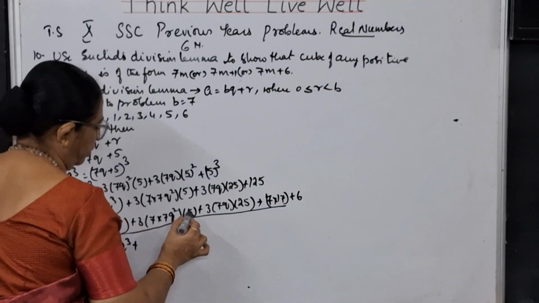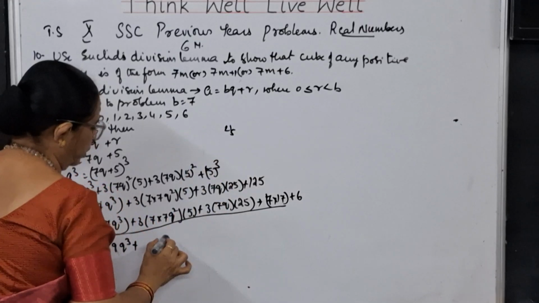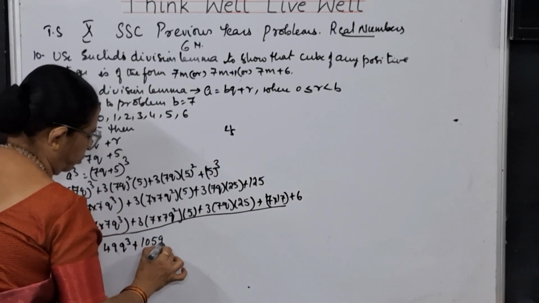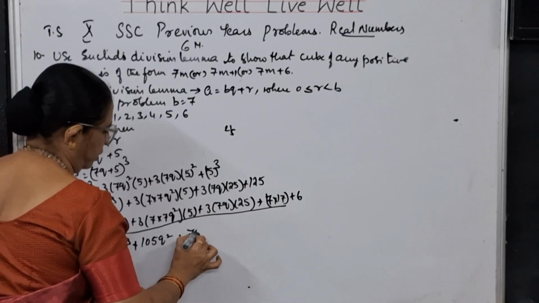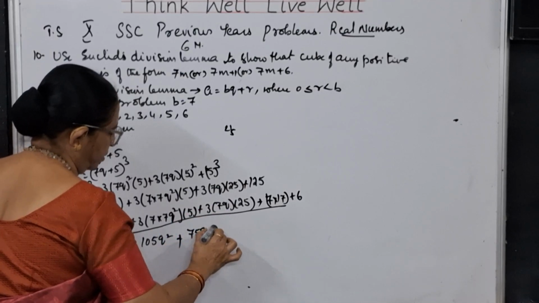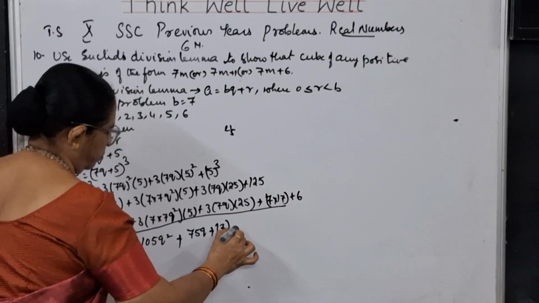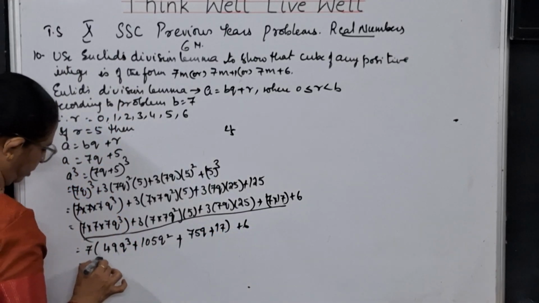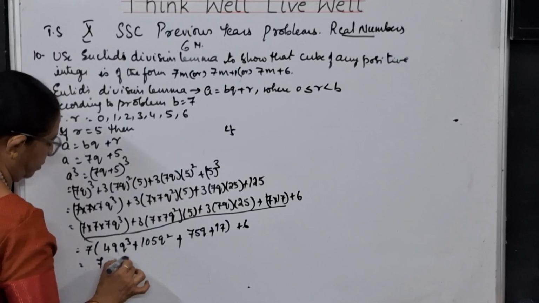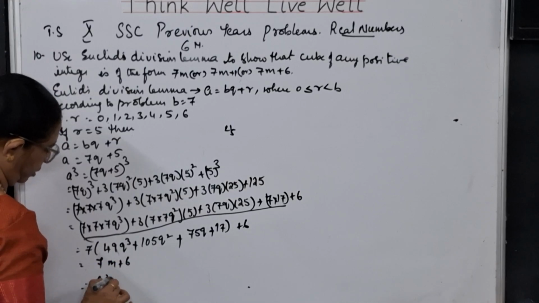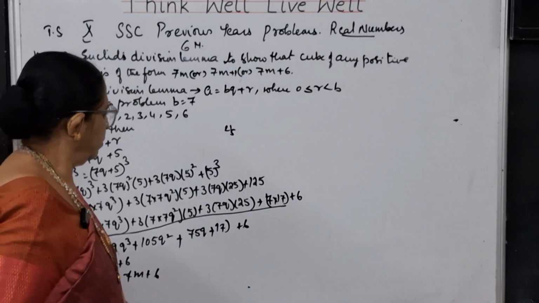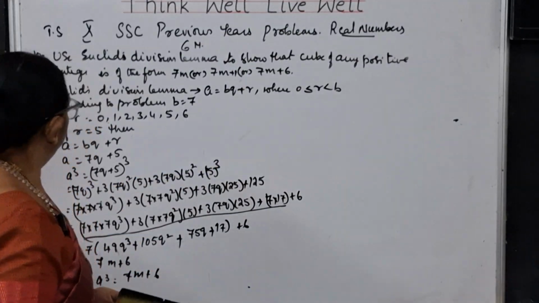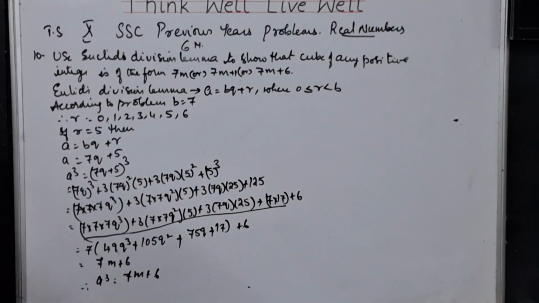So 21 into 5, 105q square plus 7 is out. 75q plus 17 plus 6. This is nothing but 7m plus 6. Therefore, a cube is equal to 7m plus 6. We have got it if r is equal to 5. One more is there. Anyway, the space is not sufficient.